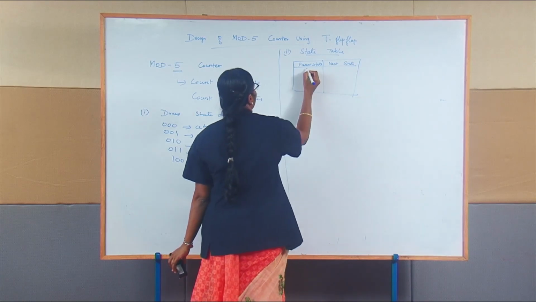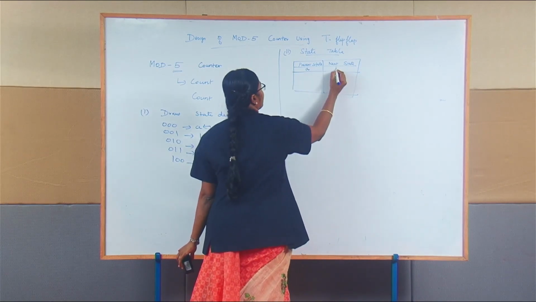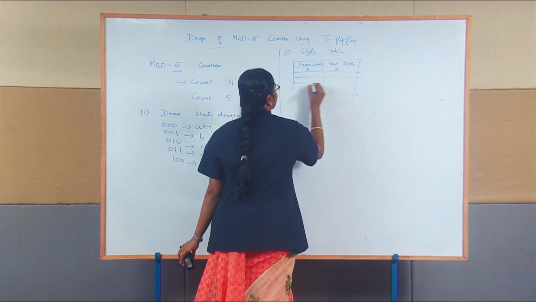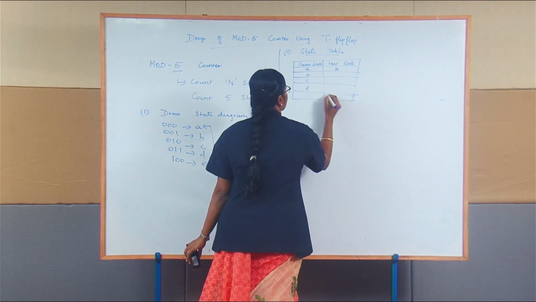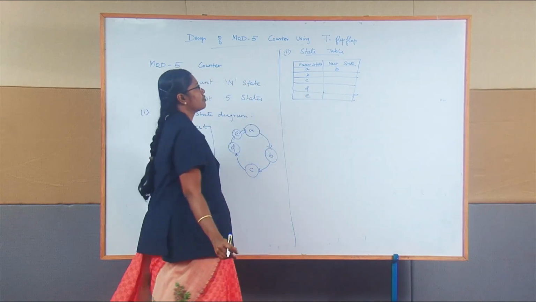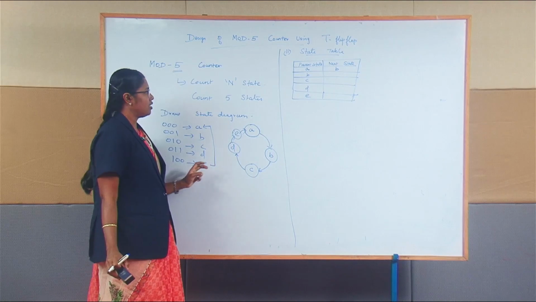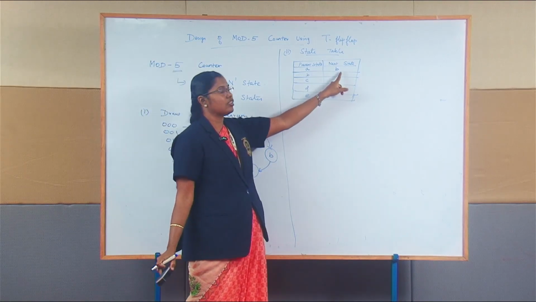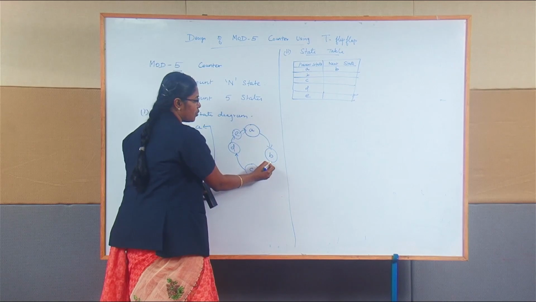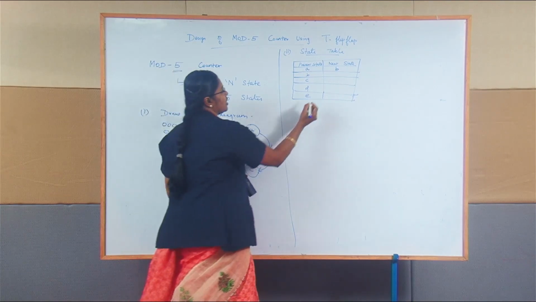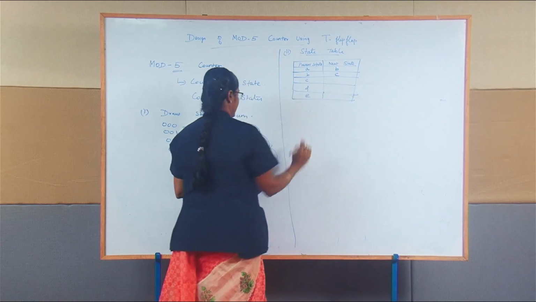For example, my first state is A. After state A, the next state will be B. I've written all the 5 states, that is A, B, C, D, E. So after state A, it goes to state B. Now the present state is B. What is the next state? It is C.